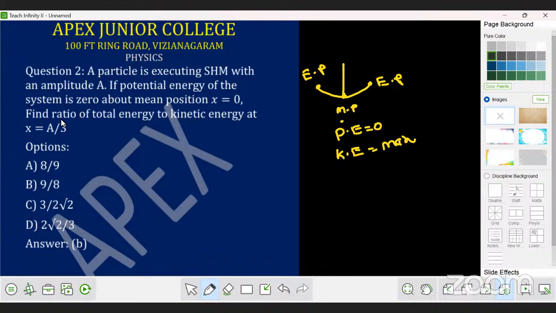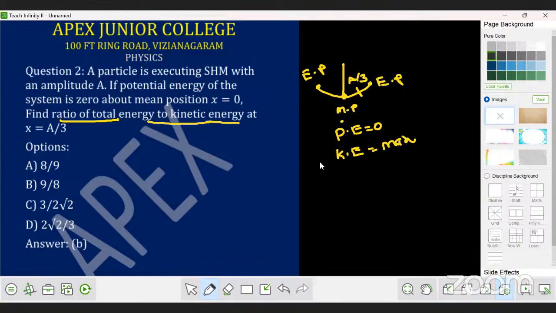Find the ratio of total energy to kinetic energy at x equal to a by 3. This is x equal to 0, that is the mean position. You consider any other point where x equal to a by 3. Then they're asking for the ratio of total energy to kinetic energy.